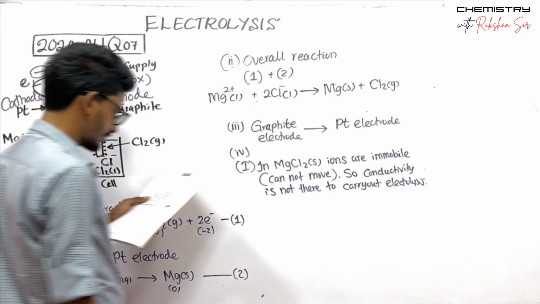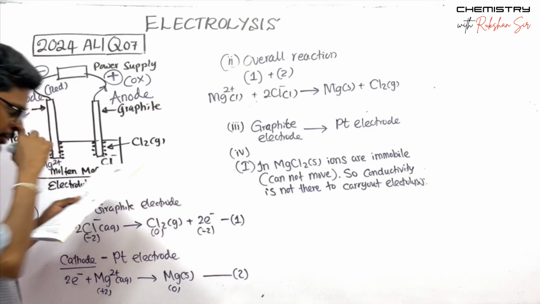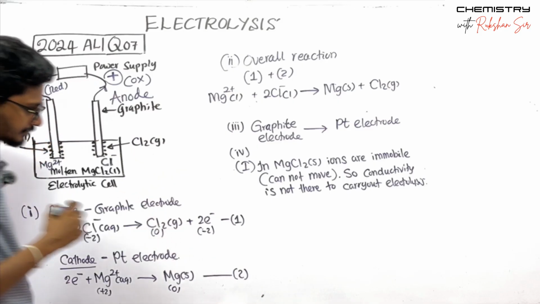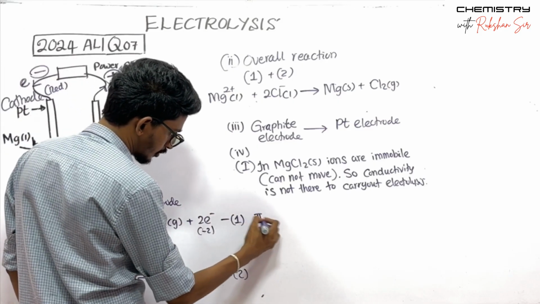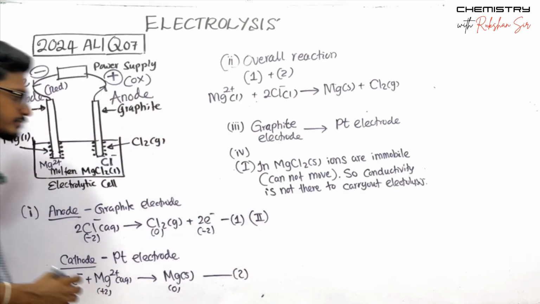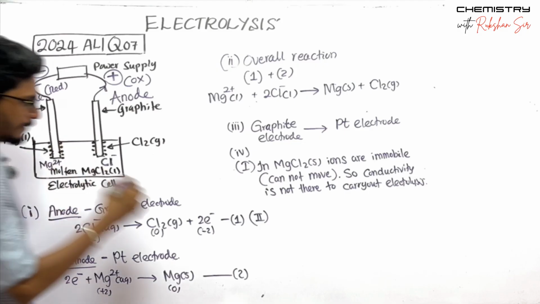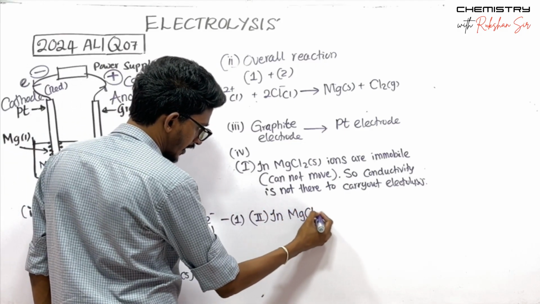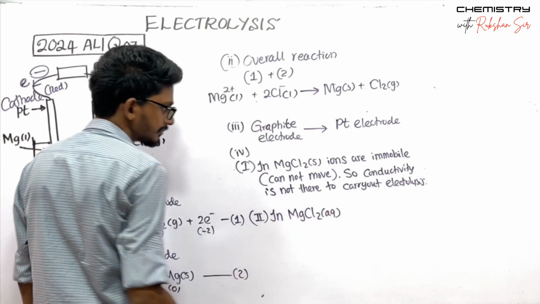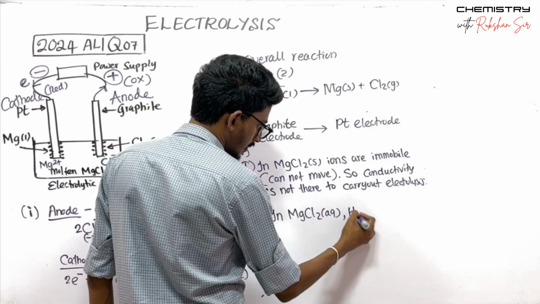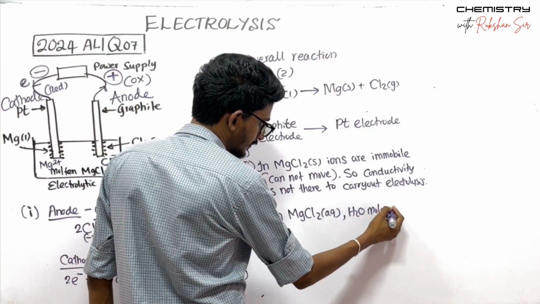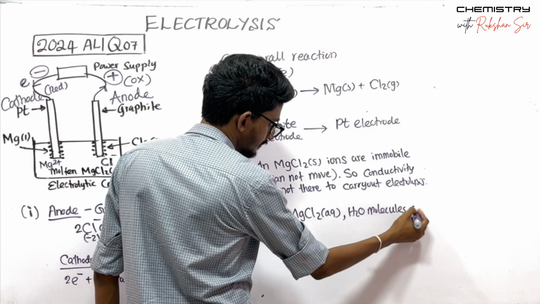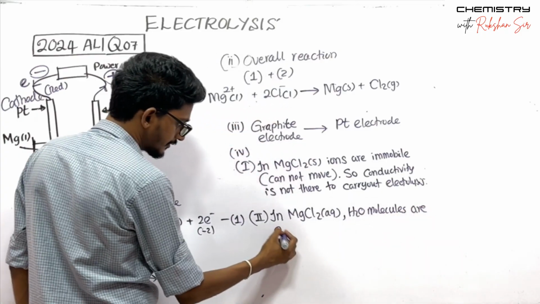Part 2. A solution of magnesium chloride cannot be used. Why so? In magnesium chloride solution, or magnesium chloride aqueous, H2O molecules are available.